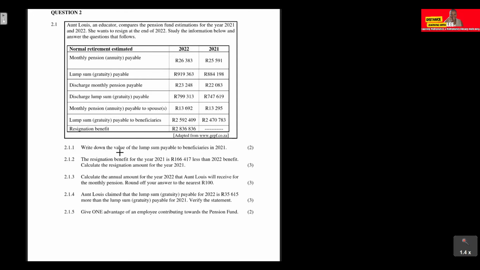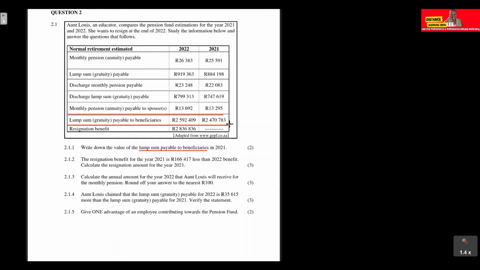Okay, so let's have a look at question 2.1.1. It says write down the value of the lump sum payable to beneficiaries in 2021. Okay, so here we want to find the value of the lump sum that is payable to beneficiaries. So we're going to look for where a lump sum that is payable to beneficiaries in the year 2021. Okay, so in this row, guys, we are told about a lump sum that is payable to beneficiaries.